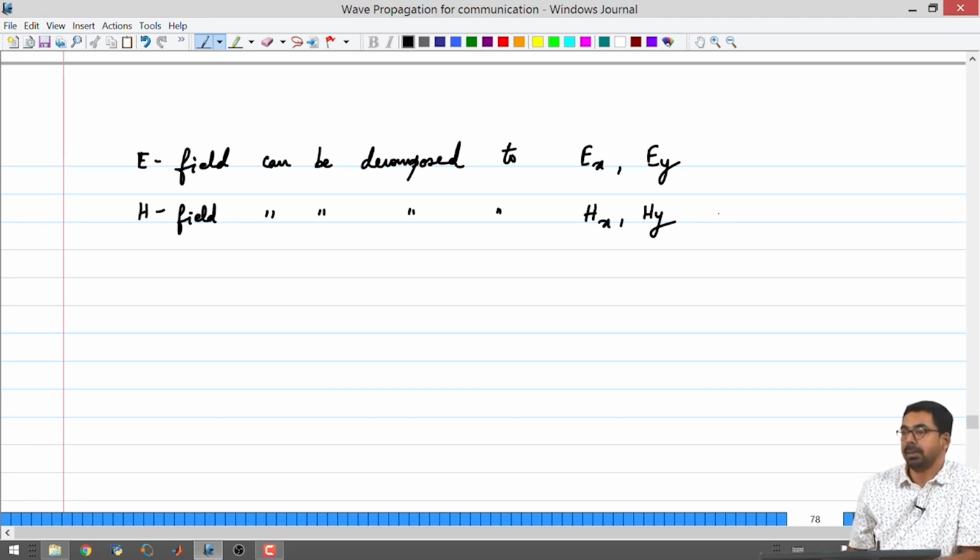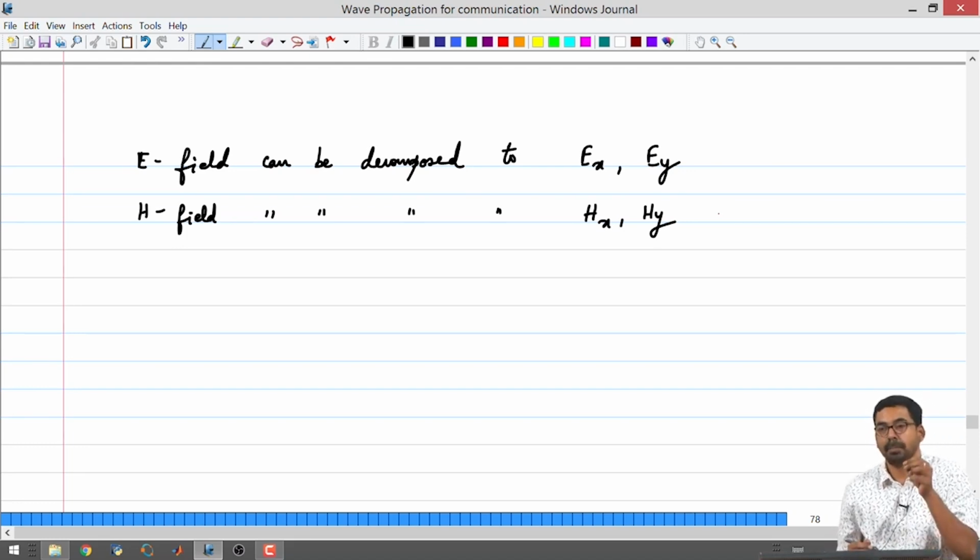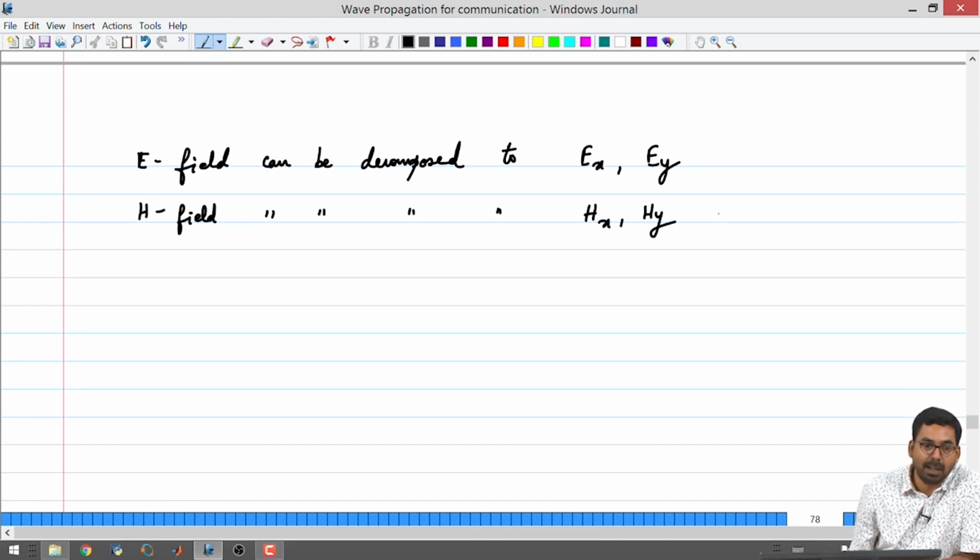So, the term that we use is transverse component, it is perpendicular to the direction of travel, it will always lie in the plane perpendicular to the direction of travel. So, these kinds of waves where the electric field and magnetic field are perpendicular to each other and to the direction of travel are known as transverse electromagnetic waves, or simply put TEM waves.